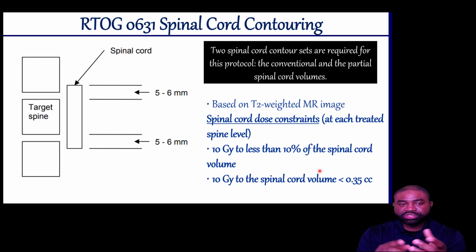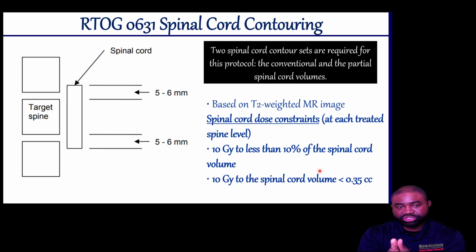Now, RTOG 0631 also recommends a partial cord, and the partial cord should be contoured starting from about 5 to 6 millimeters above the superior extent of the target to 5 to 6 millimeters below the inferior extent of the target.